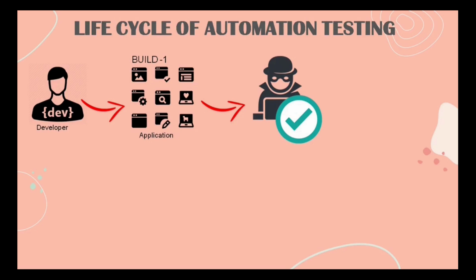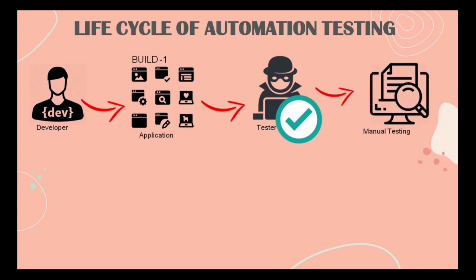So what will the tester do? The tester will perform manual testing on build one. Obviously manual testing is done first. Now just assume there are some 50 functionalities and all are tested through manual testing.